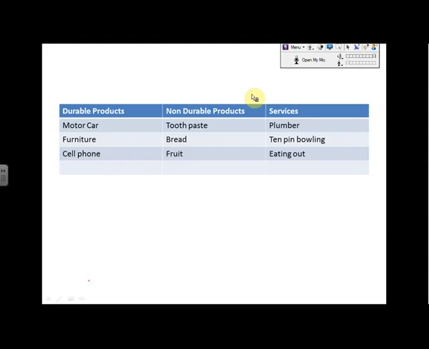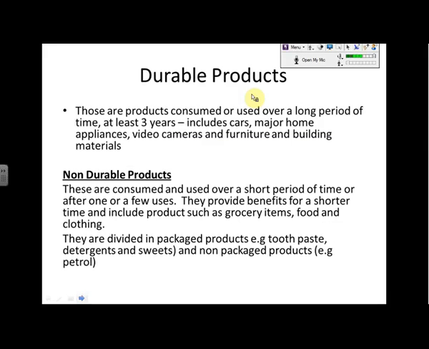Durable products. These are products consumed or used over a long period of time. And in most cases, we are looking at at least 3 years. This includes, like we have seen, cars, furniture, and appliances. Non-durable products. These are consumed and used over a short period of time, a period of 1 year or a few uses.